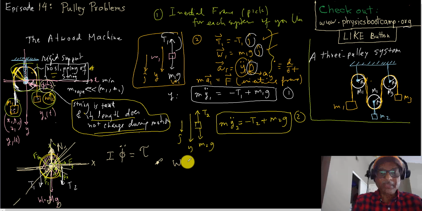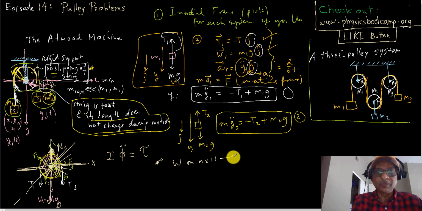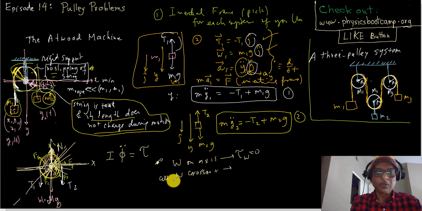The weight is right on the axis, so torque is 0. The normal crosses the axis, all normals, not just this normal but normal in any direction, so the torque of the normal is all 0.